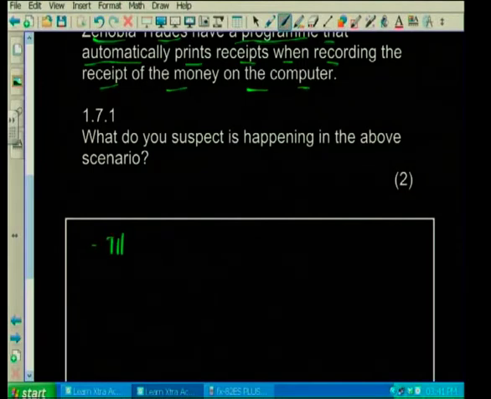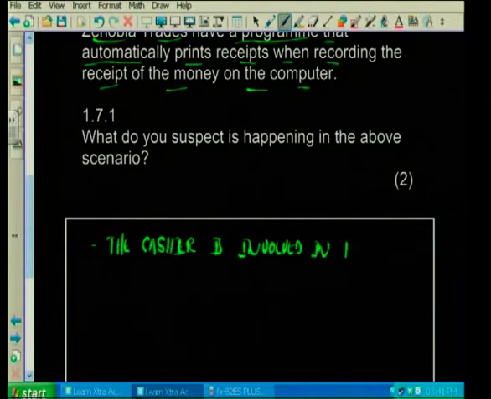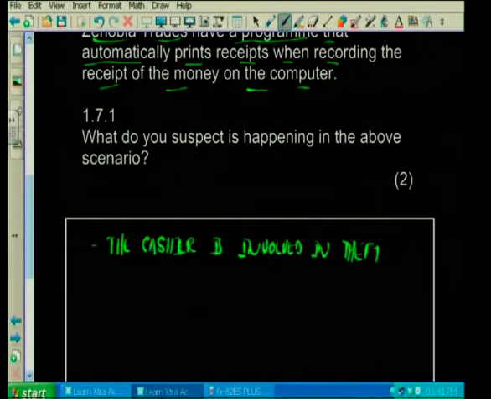The cashier is involved in theft. Clearly. Okay? This means that the cashier is receiving the money.